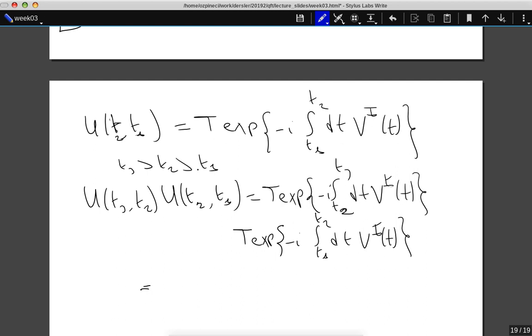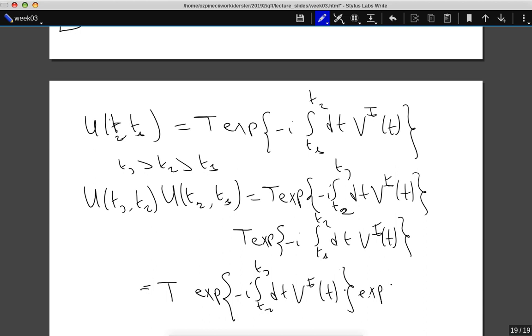So if I put both the exponentials under the same time ordering, I will not be changing the ordering of the operators. So this is the exponential of minus i, t2 to t3 dt V_I of t, exponential of minus i, t1 to t2 dt V_I of t.